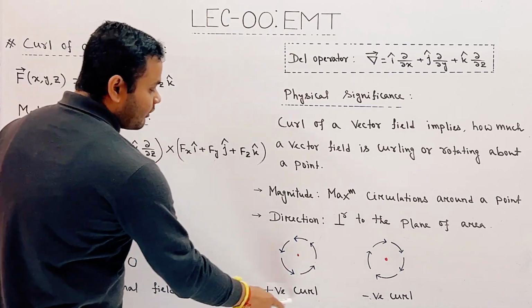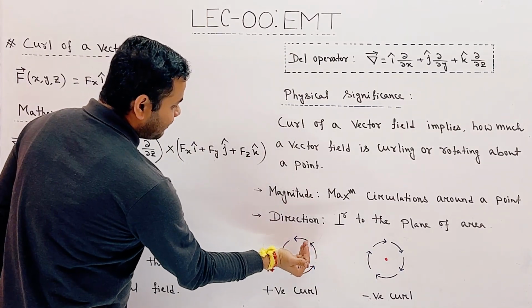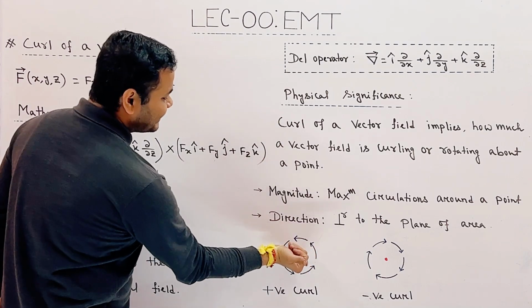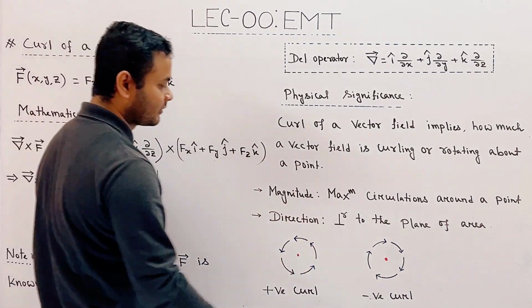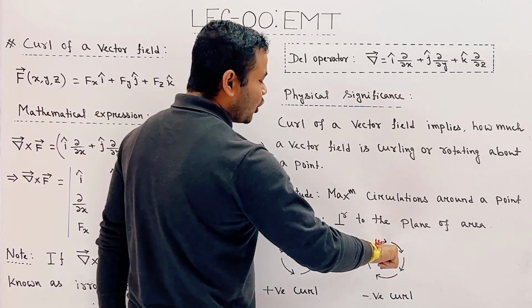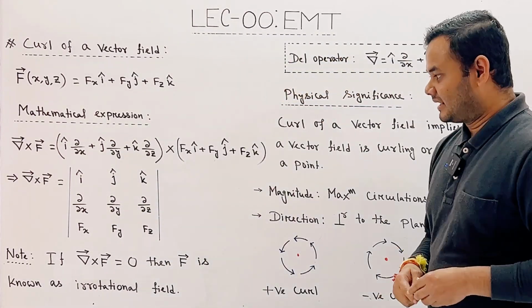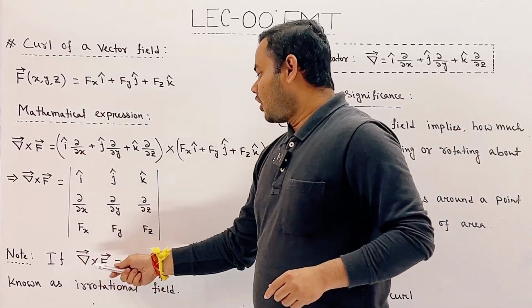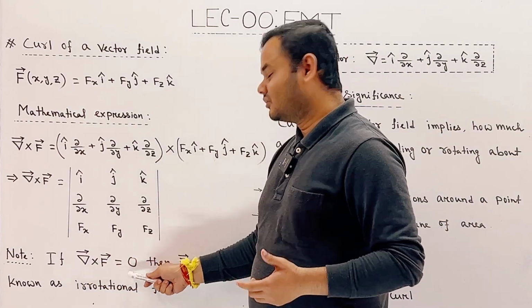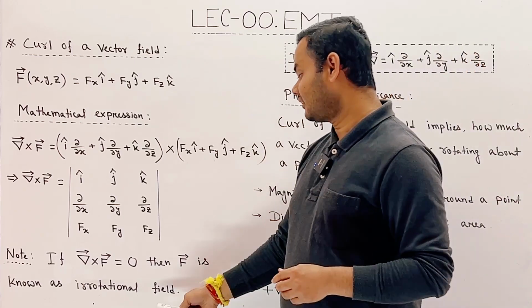The direction of positive curl can be obtained with the help of right hand curl rule, and it is coming out of this board. Again, the direction of negative curl will be going inside this board. Next important point is that when curl of a vector field is 0, then this vector field F is known as the irrotational field. Okay?